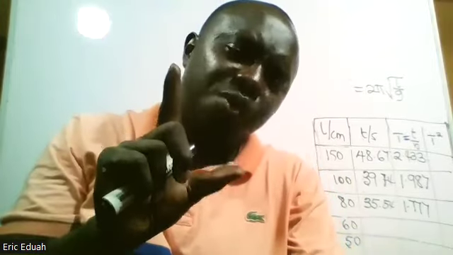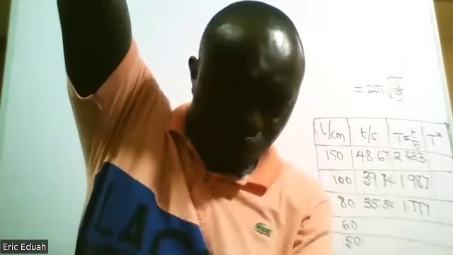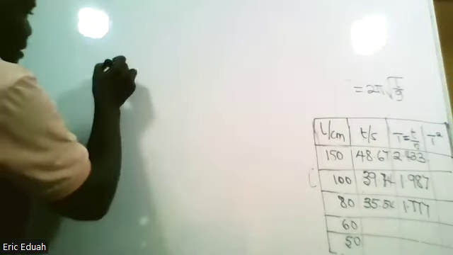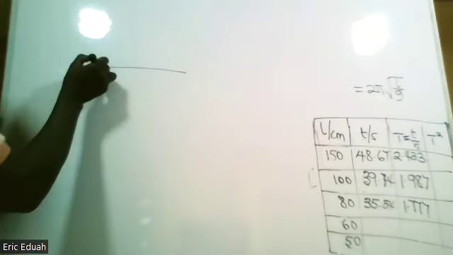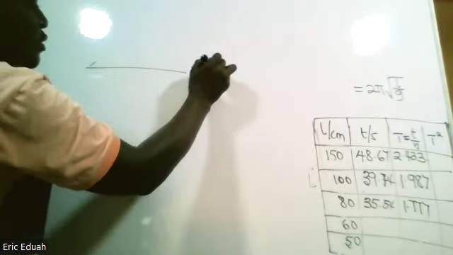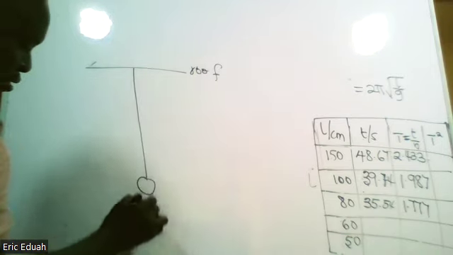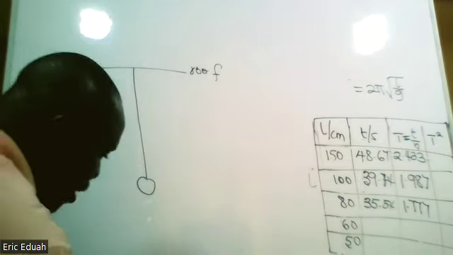So if you are to calculate the length of the wire from where the bulb is to the roof, assuming this is the roof level, and the bulb hangs, this is the working plane.